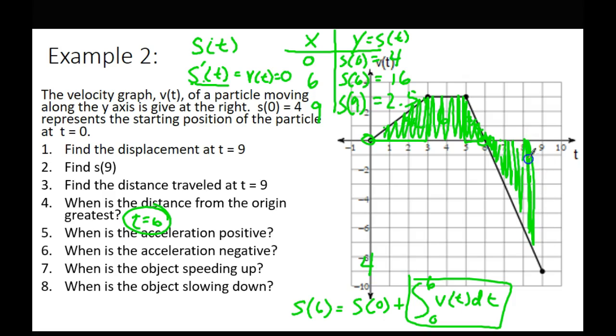And probably when I'm right about here, when this area equals this area, I'm back to where I started. And it's going to be a little bit more, so then it ends up being a little bit below it after that. So do you guys see why I'm moving up, up, up, up, up, up, and then I start coming back down? Where does it reach its highest point away from the origin? Right there, right before it starts turning around and coming back to the origin.